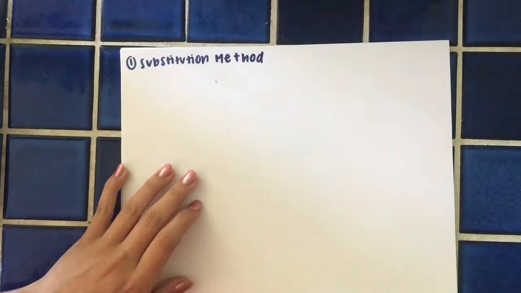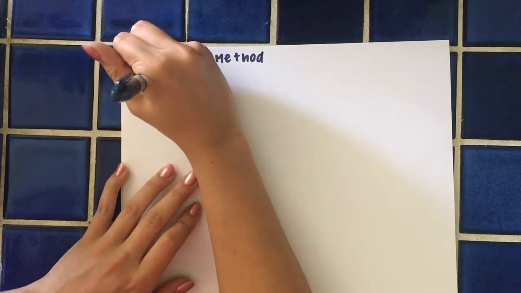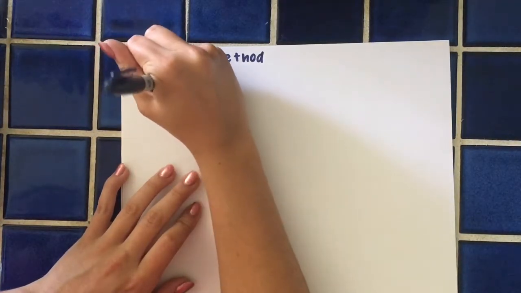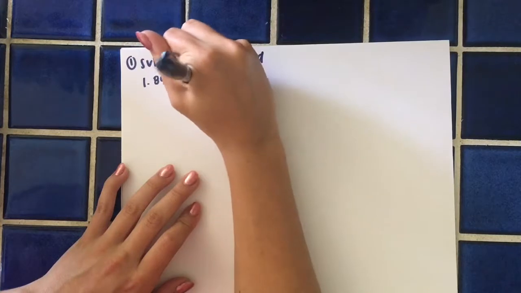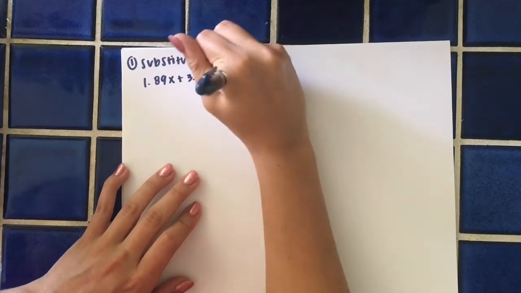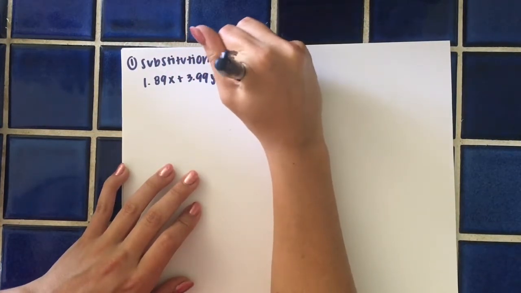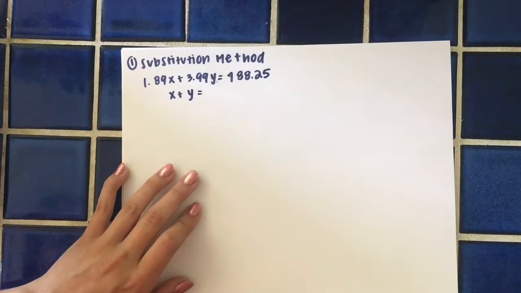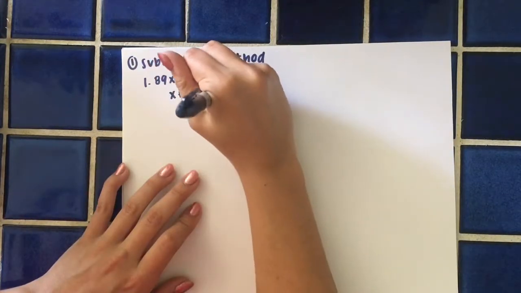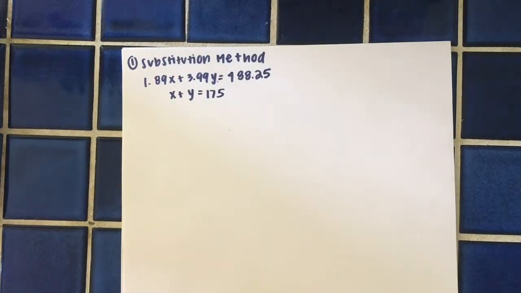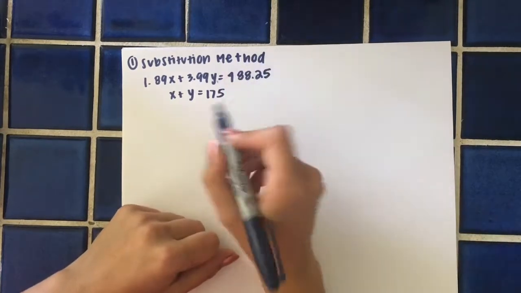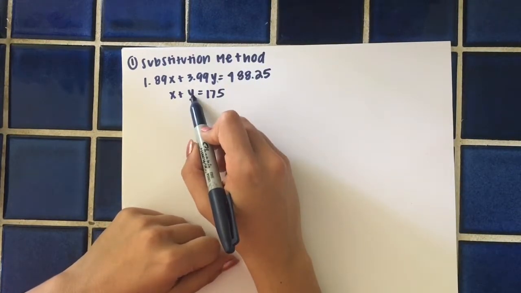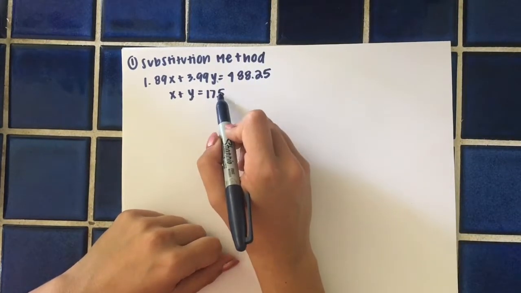Okay, so let's rewrite our 2 equations. So it's 1.89x plus 3.99y equals 488.25. And then our second one is just x plus y equals 175. Okay, so now what we're gonna wanna do, we're gonna solve for y to get this equation in terms of x.